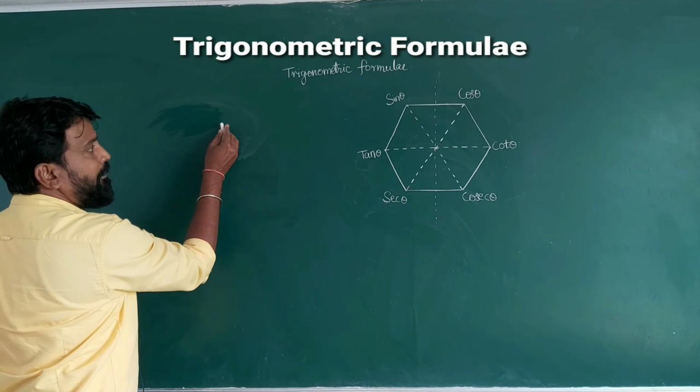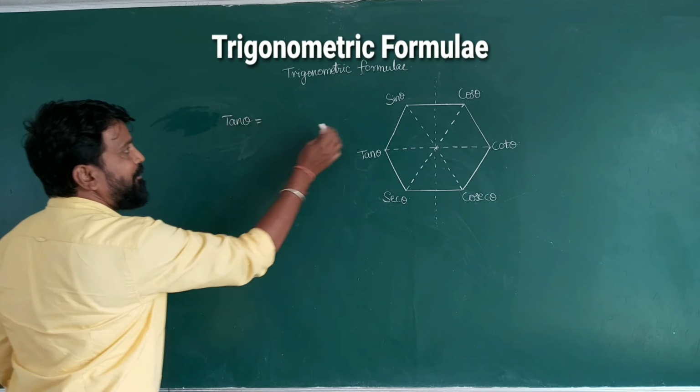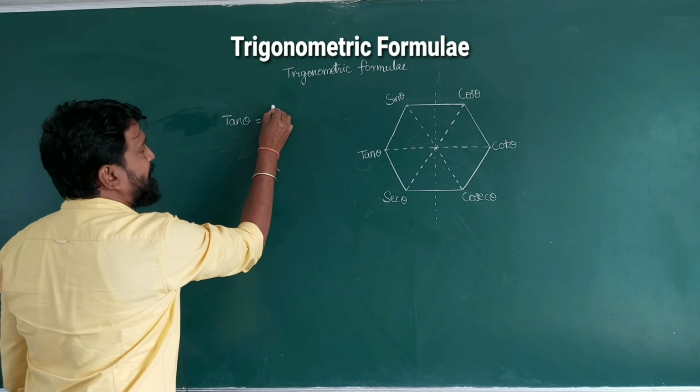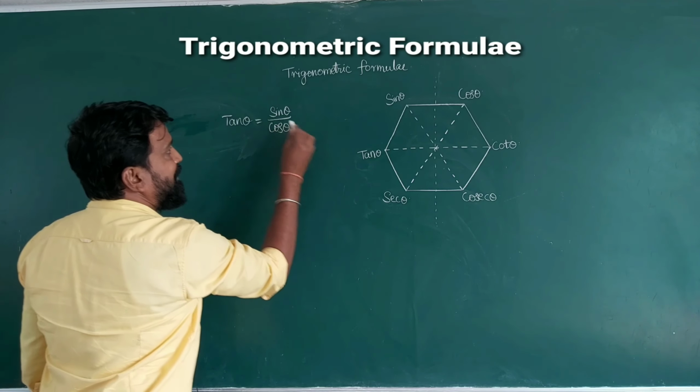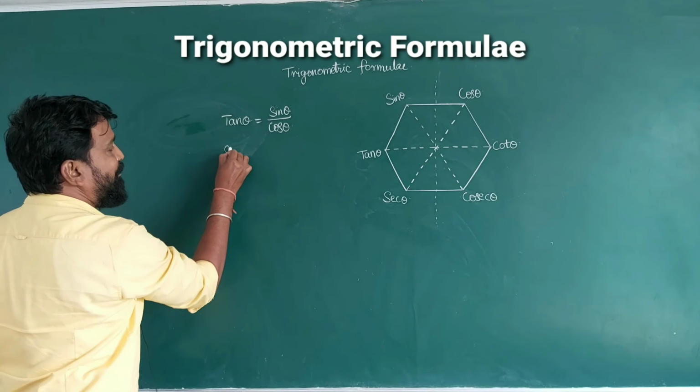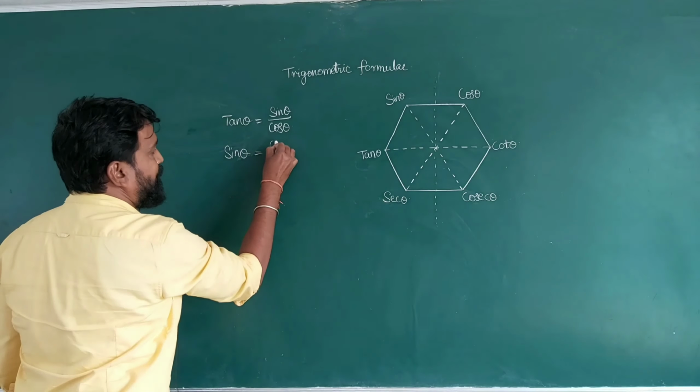For example, we already discussed tan theta is equal to sin theta by cos theta. Same, sin theta is equal to cos theta by cot theta.